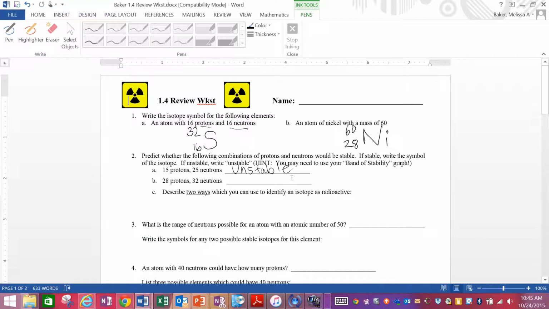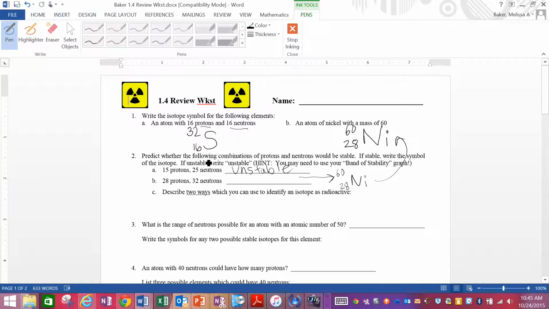So it says if it's stable, you are supposed to write out the symbol for the isotope. So you have to look up number 28, which we just did. That's nickel. 28 goes in the lower left. And then 28 plus 32, that makes 60. So it's actually the same one that we were talking about in number 1 here.